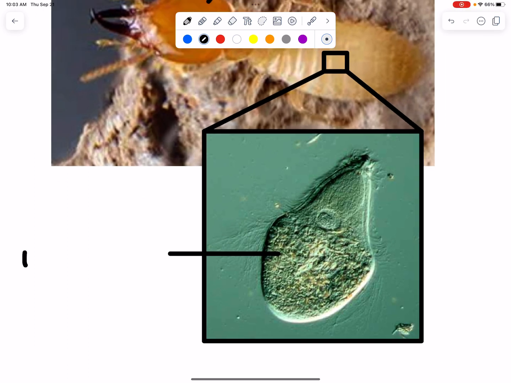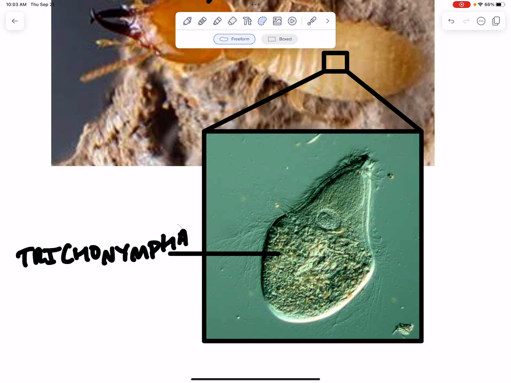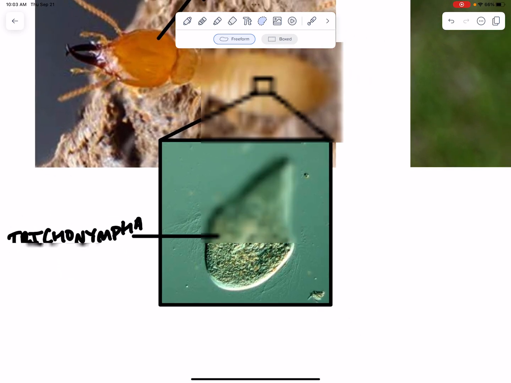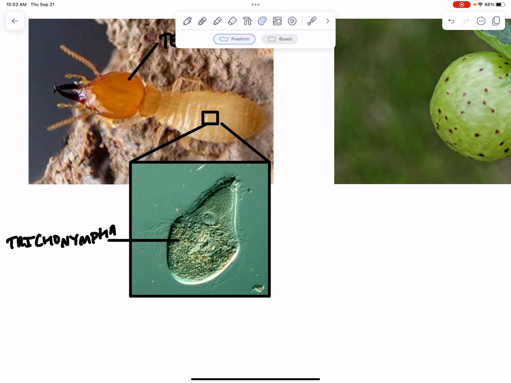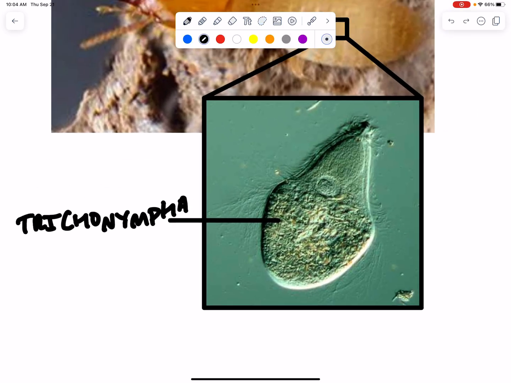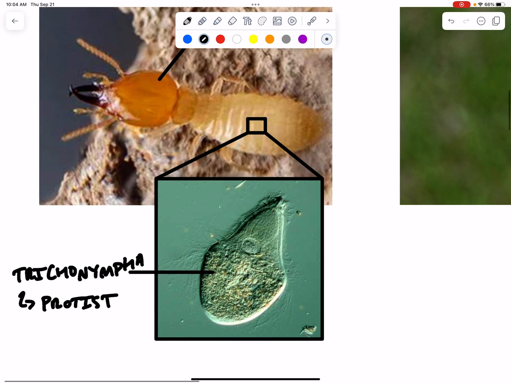It's spelled T-R-I-C-H-O-N-Y-M-P-H-A. Trichonympha is a small single-celled protist living in the gut of this termite.